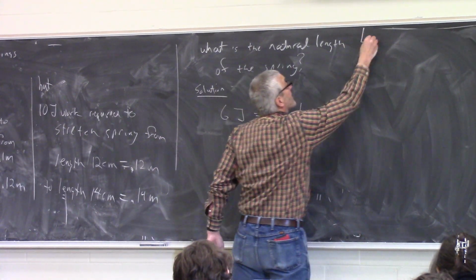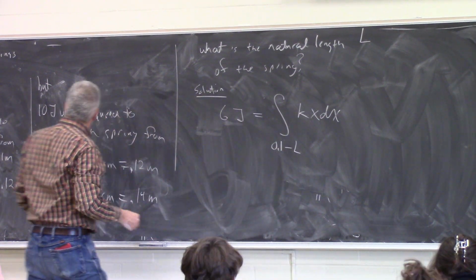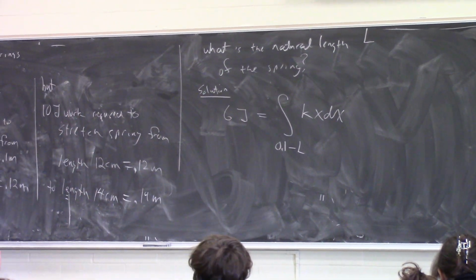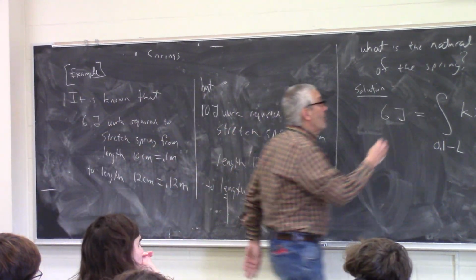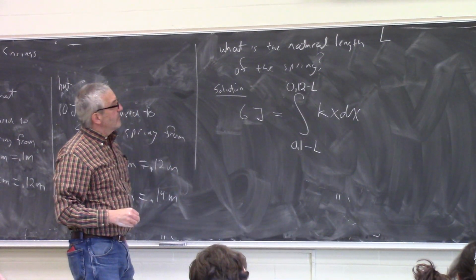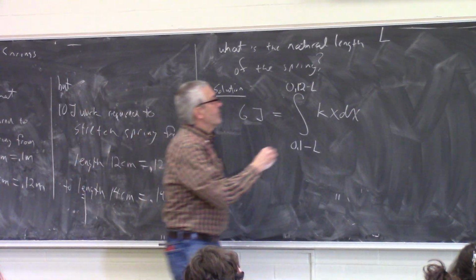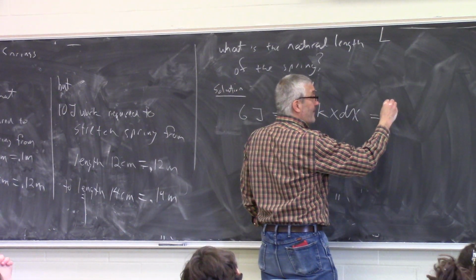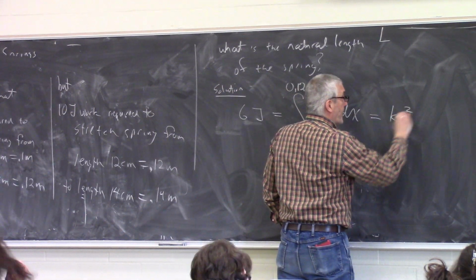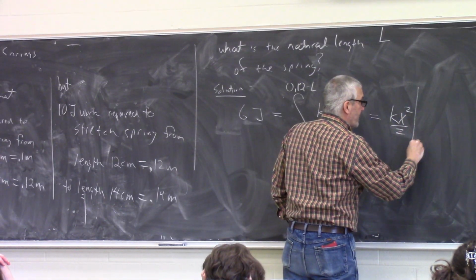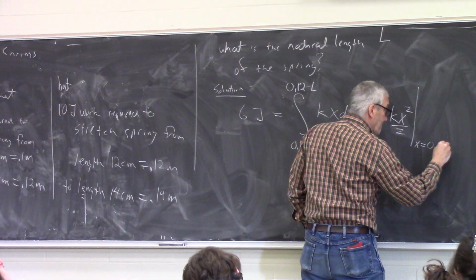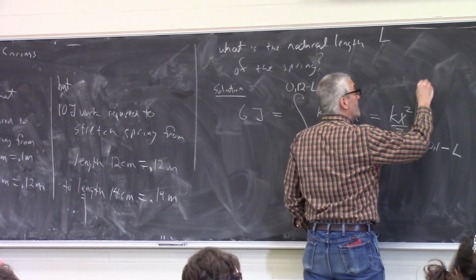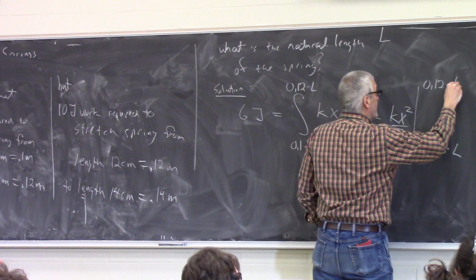So let's call this length L. And my ending length is 12 centimeters, but my x is going to be 0.12 meters minus L. So remember, when we integrate this, we get kx squared over 2, and we have to evaluate from x equals 0.1 minus L to the second one, 0.12 minus L.